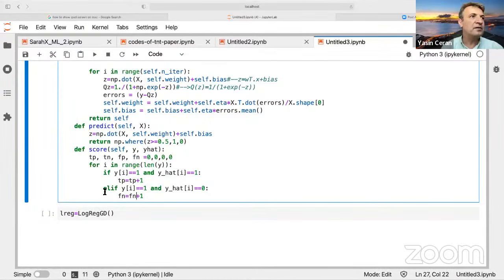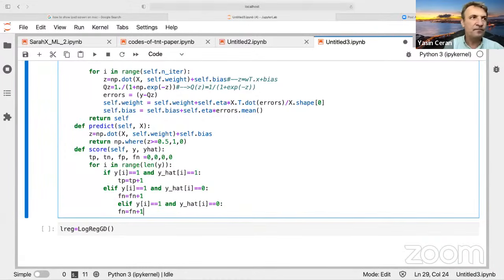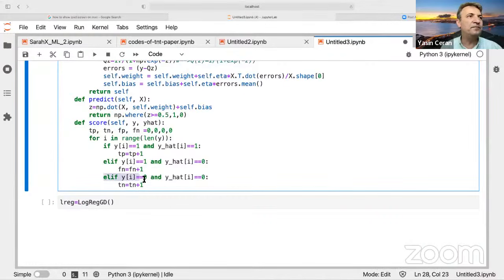Let me copy this. Again, this time if yi is 0 and y hat is 0, then true negative is increasing. One more.